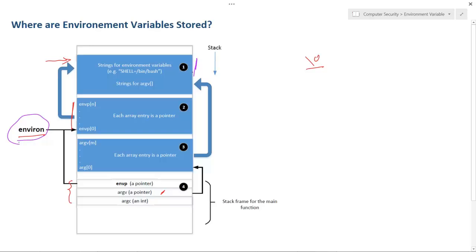So when that happens, the system is going to actually copy everything to another place, usually into the heap. All the environment variables are going to be copied into this heap place. That's a dynamically allocated area, and then this environment variable pointer is going to be pointed to the new place.